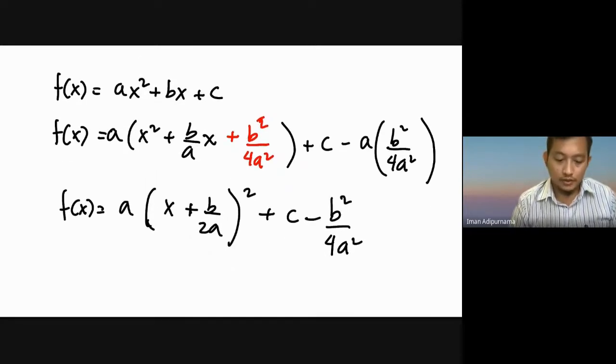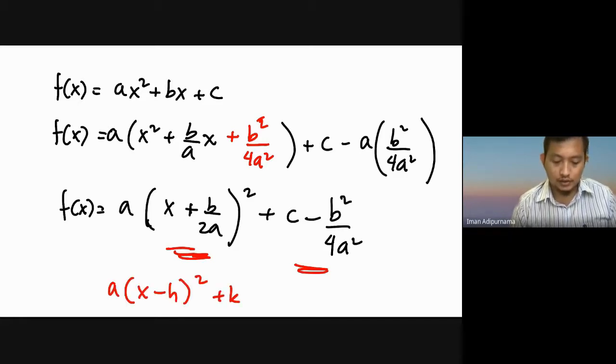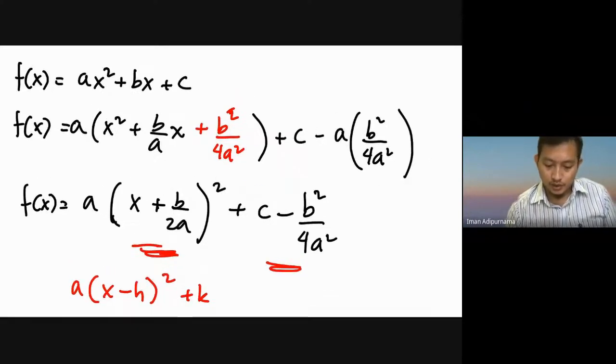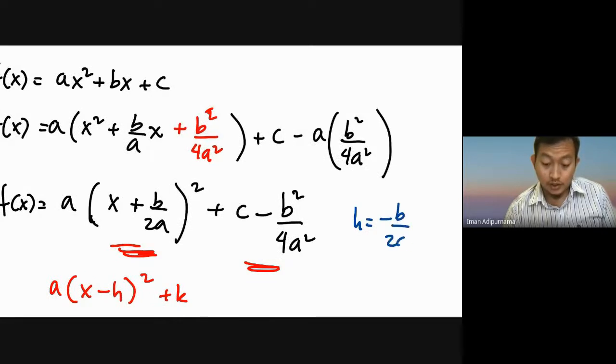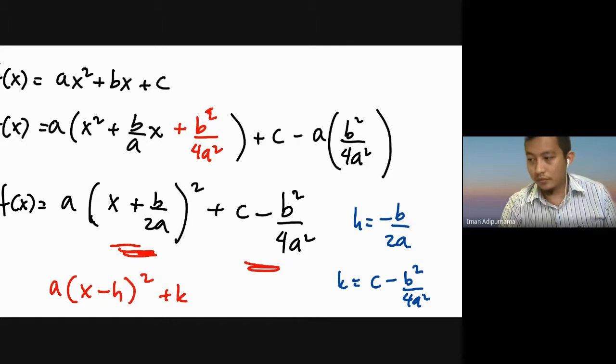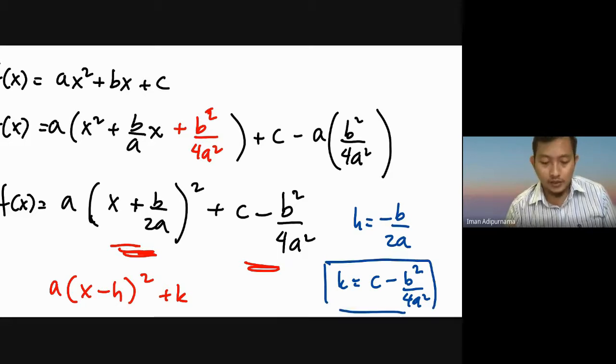So we can also use this in terms of a(x minus h) squared plus k. So you can write h is equal to minus b over 2a, and k is c minus b squared over 4a. But if you think the k part is too complicated, you can just remember the h one.